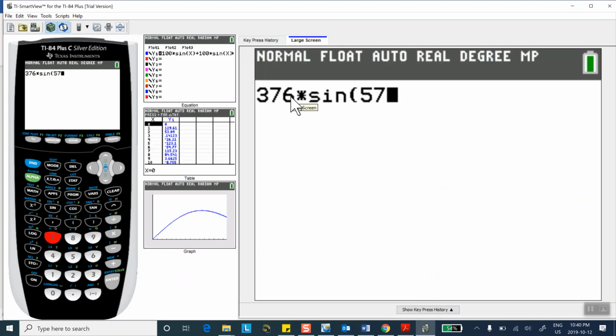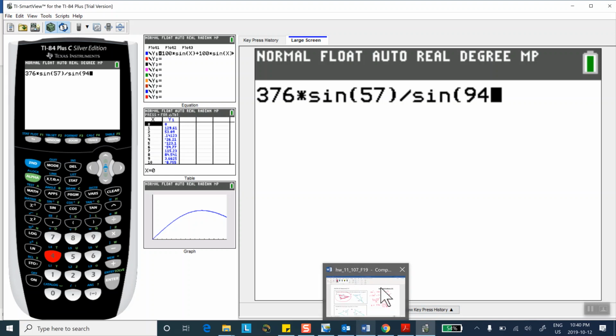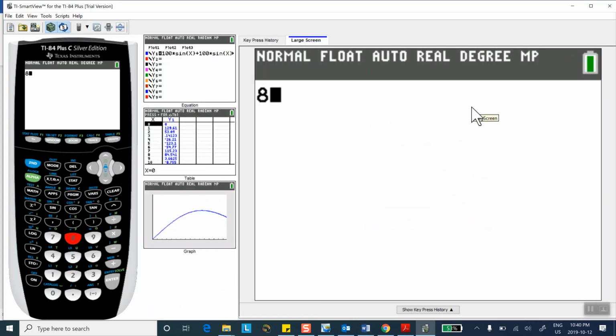Obviously the mode is in degrees, and then divided by sine of 98.4, actually 98. Oh, whoa. Oh, I should not have used the backspace button. Let's try to do it again.